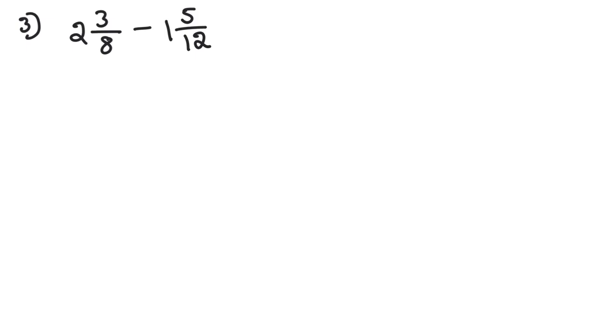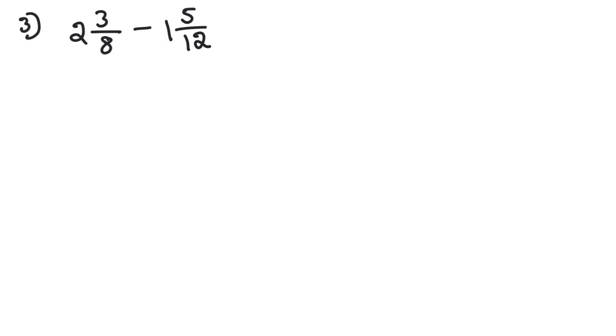Let's see how we subtract these two fractions. 3 over 8 minus 5 over 12. Now the question is this a mixed fraction? It is. So change the mixed fraction into an improper fraction. How do we change a mixed fraction into an improper fraction?